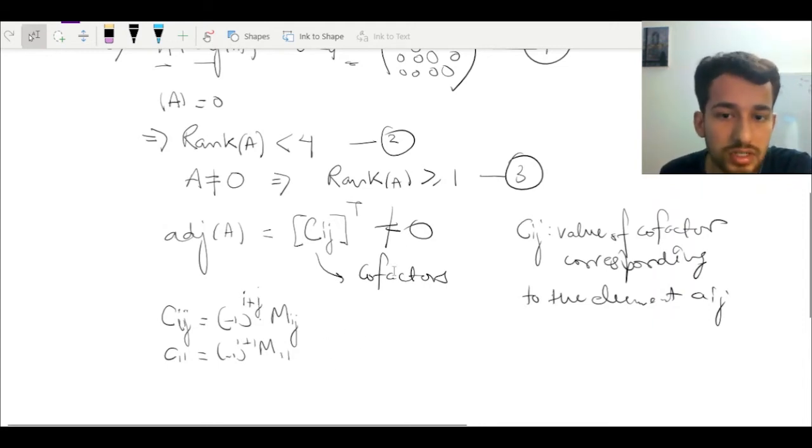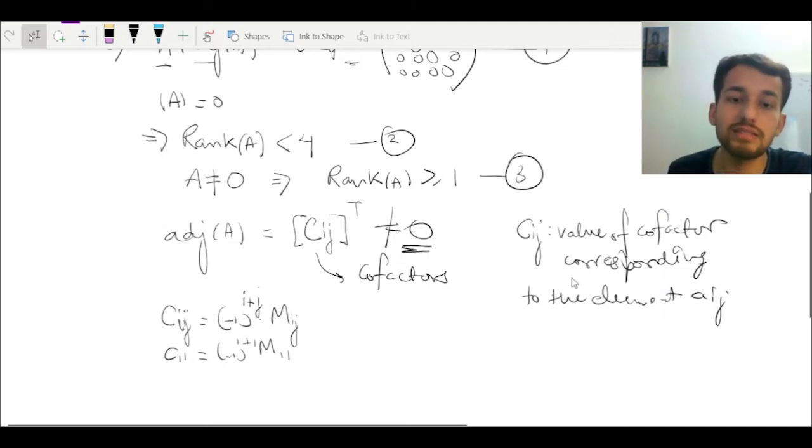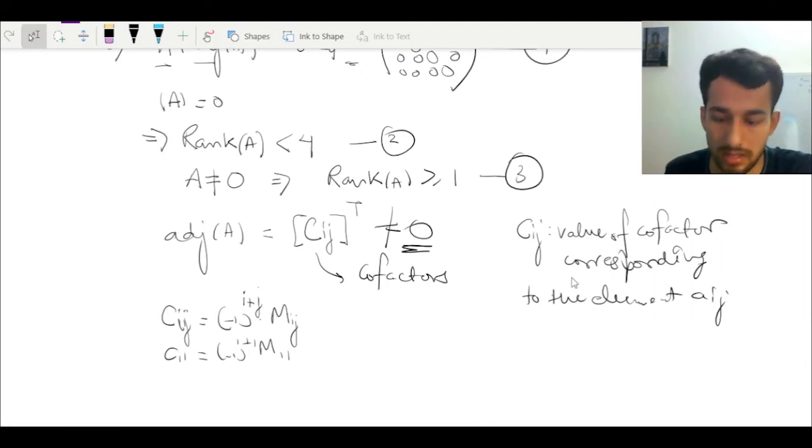But what is important to us is that since this matrix is non-zero, certainly there is some non-zero element present in the matrix of cofactors. In particular, suppose C11 is the non-zero element. How are we going to find C11 using M11?